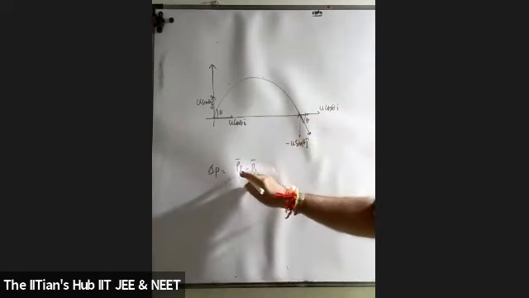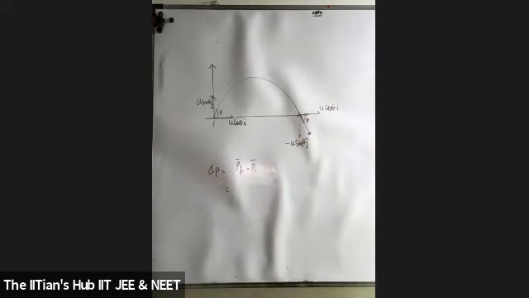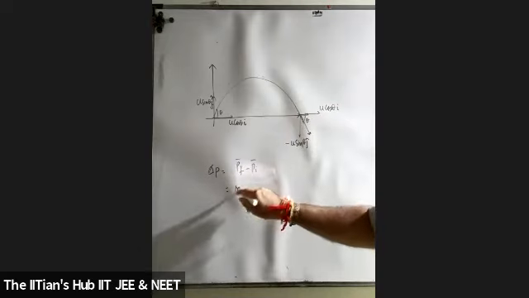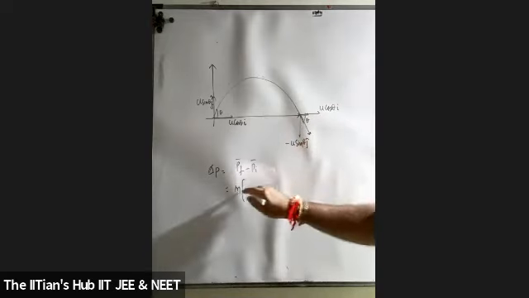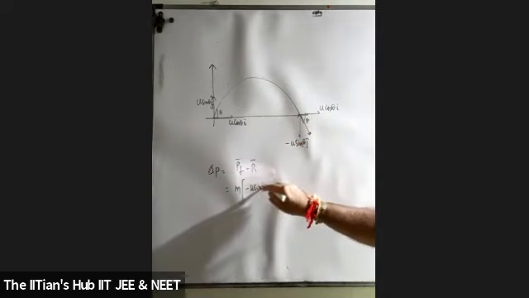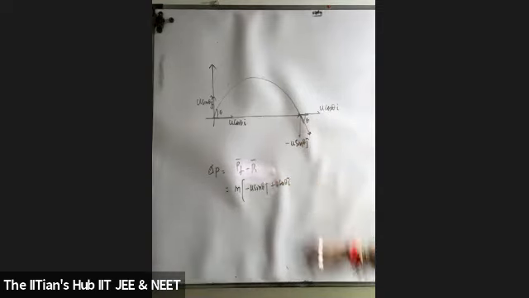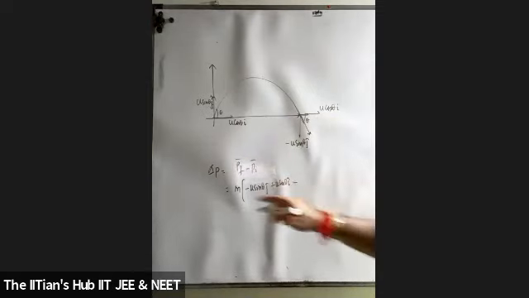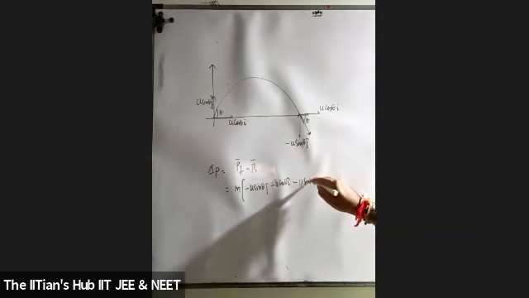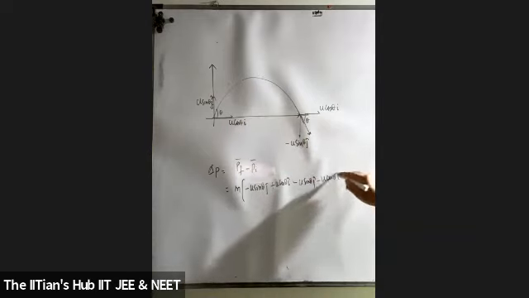Okay, so change in momentum is final minus initial, with mass remaining constant. So the final I'll consider will be minus u sin theta j cap plus u cos theta i cap, minus the initial, which in that case we consider as u sin theta j cap plus u cos theta i cap. So this will be minus u sin theta j cap minus u cos theta i cap, students.